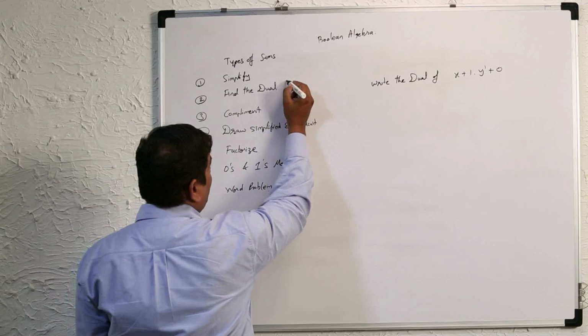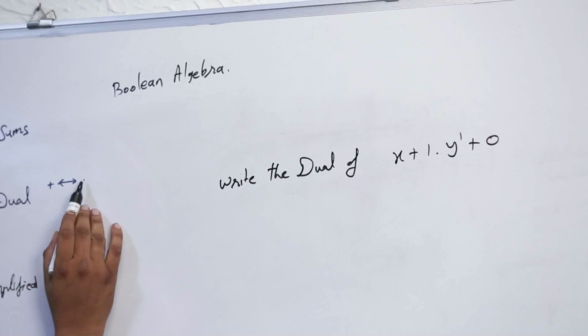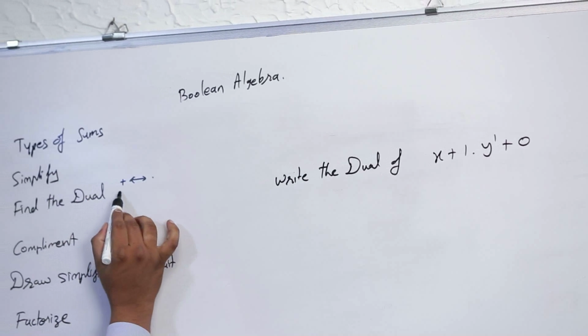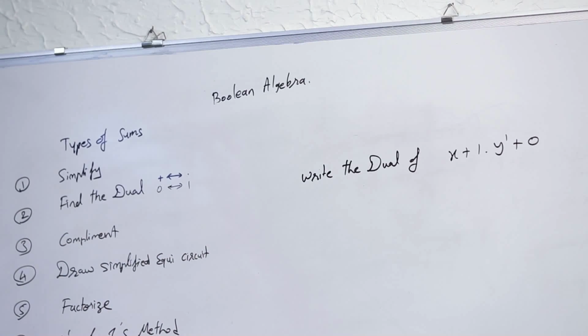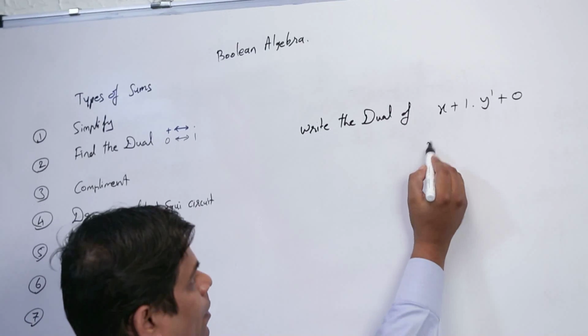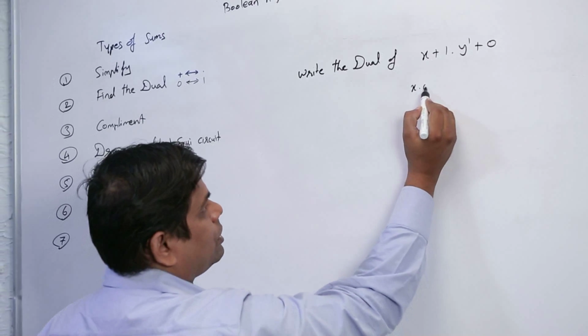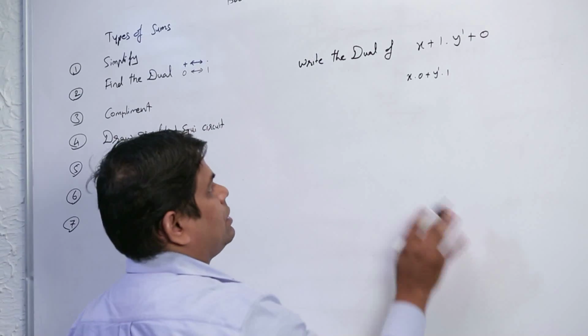Whenever there is plus, you replace it by dot. Whenever there is dot, you replace it by plus. 0 you replace it by 1, and 1 you replace it by 0. That's it. So what is the dual of this statement? The dual of this statement is simply x dot 0 plus y dash dot 1. Finish. That's a dual.